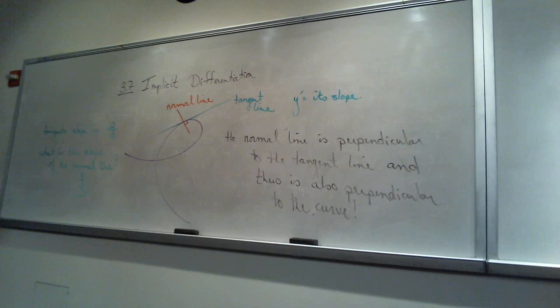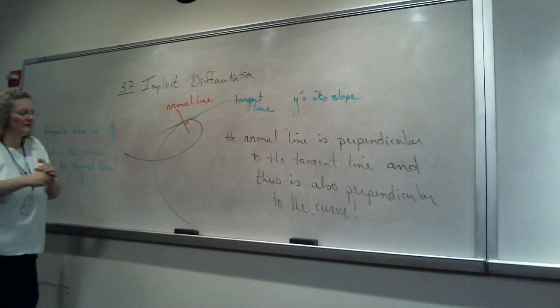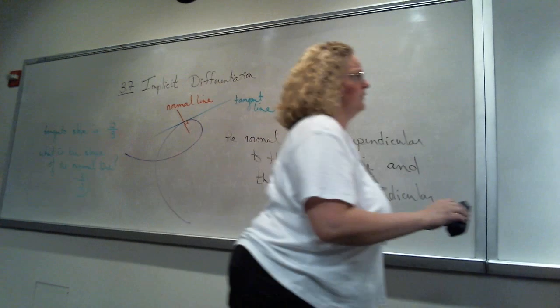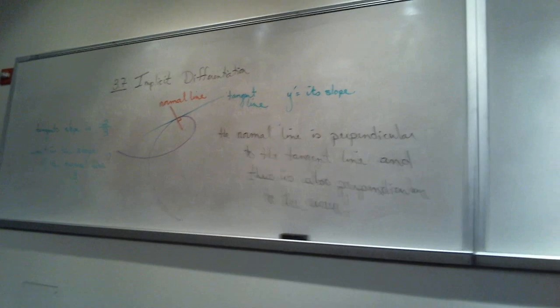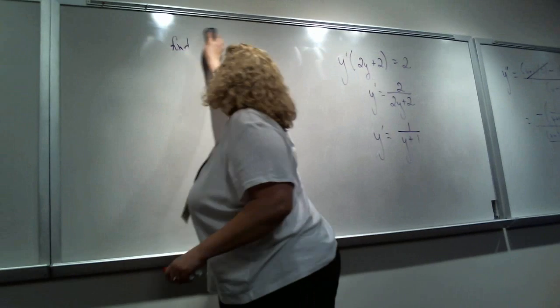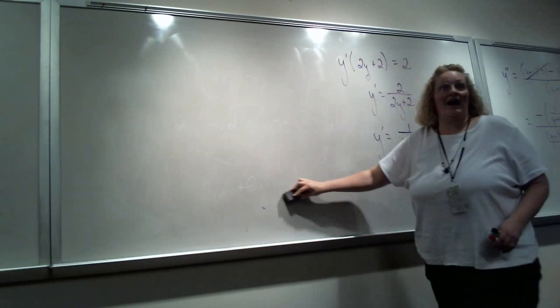The normal line and tangent line are perpendicular to each other, which means that the normal line and the curve are also perpendicular. So in here, what we're going to ask you to do is to find slopes of normal lines and also equations of normal lines.